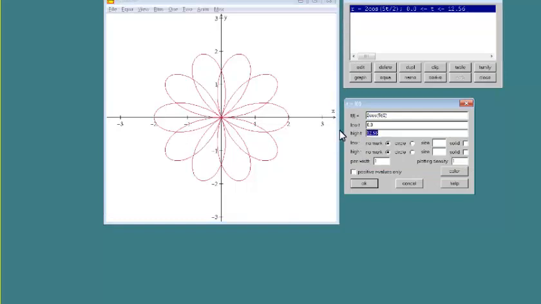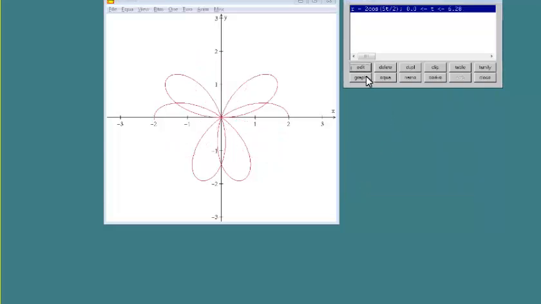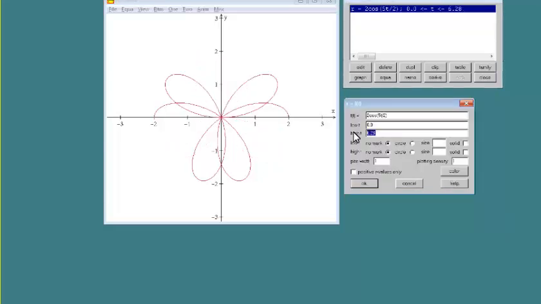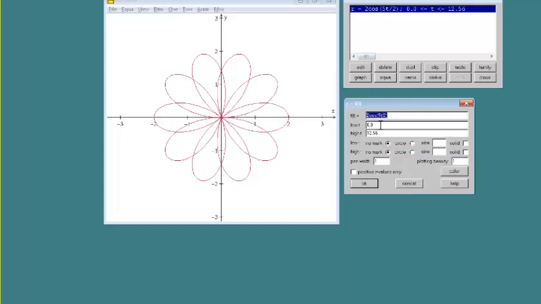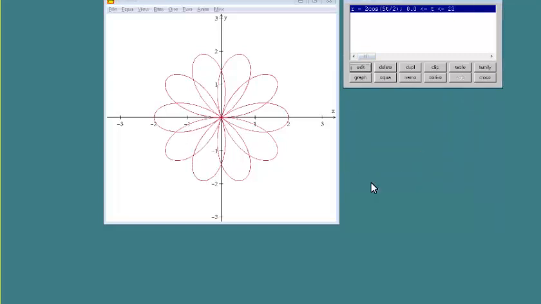So let's try 2 pi, 6.28. You can see that's not going to work out. 12.56. And let's go to something larger, like 20. And you can see we've overdone it again. So in this case, again, we need 2 pi, 4 pi to get the entire situation.